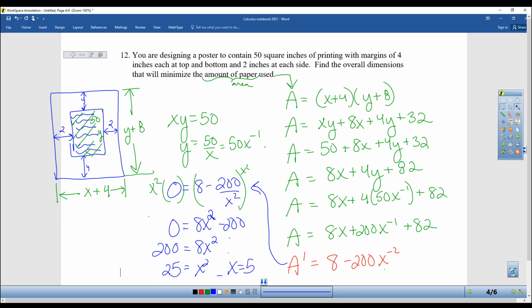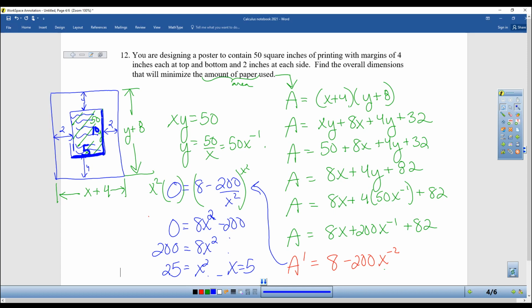So be careful. The question is, find the overall dimensions. So what you found was this dimension right here. This dimension is going to be 5. And because xy is equal to 50, the y is going to be 10.